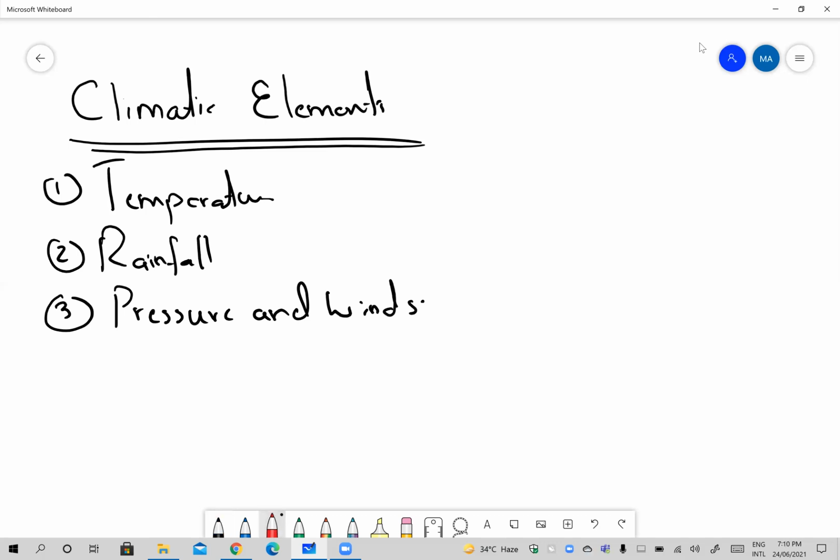For temperature, I'm making this web so it's easier for you to understand how we're studying this chapter. We'll be looking at the factors that affect temperature. For example, the first factor is latitudinal effect. The second factor is continental effect.